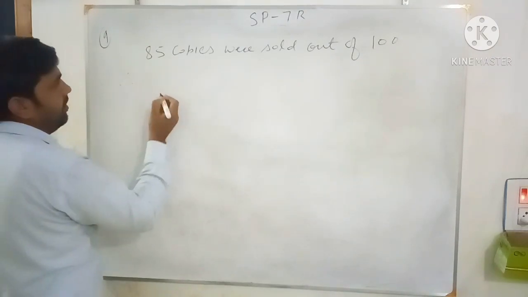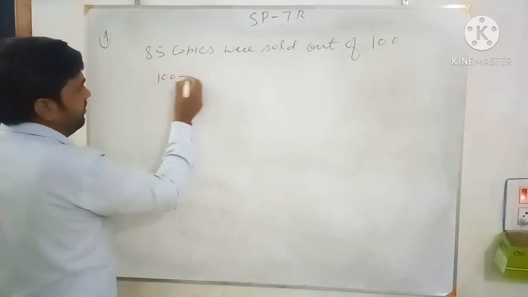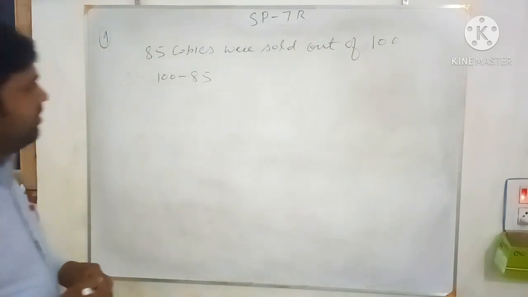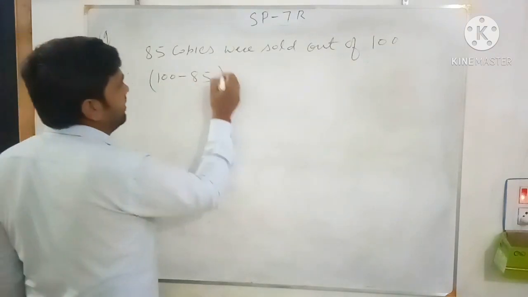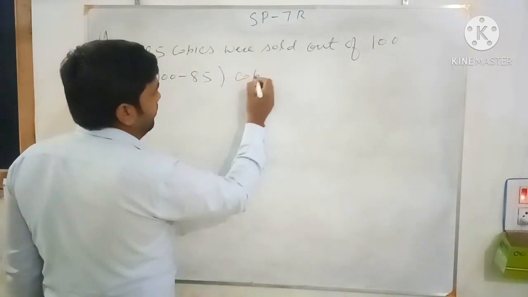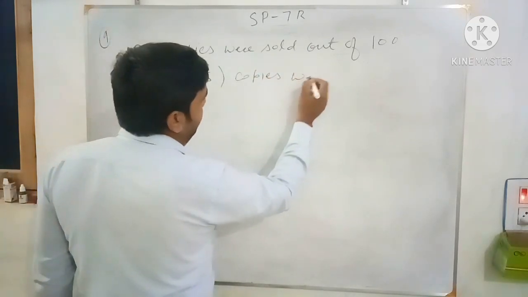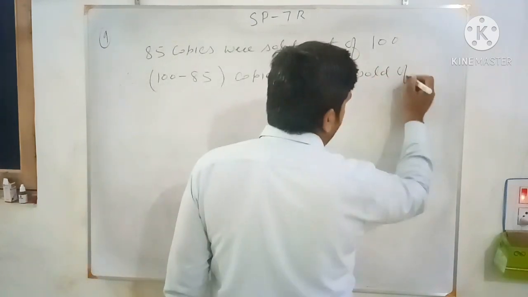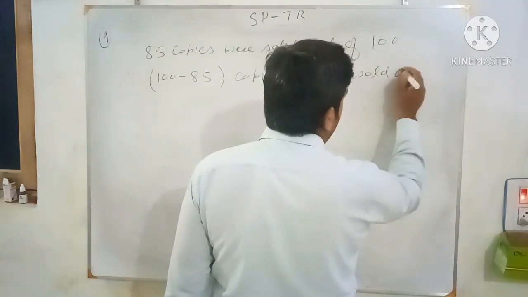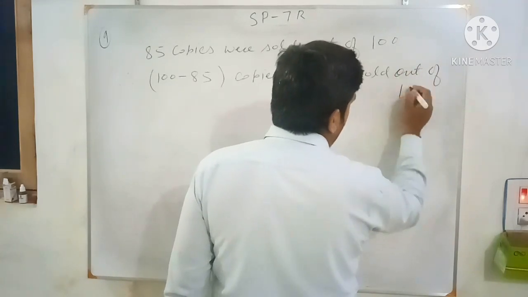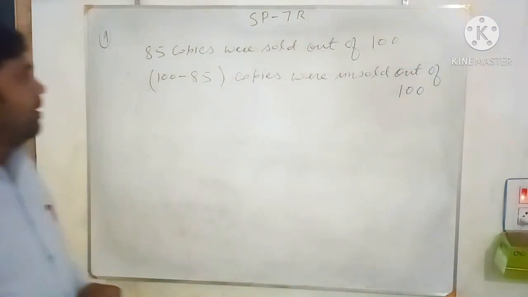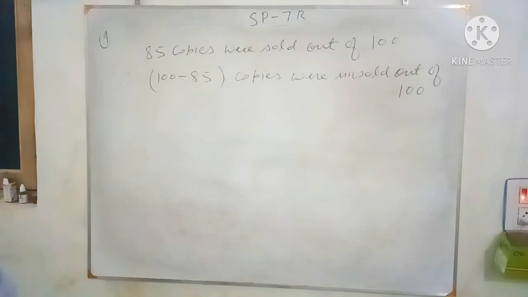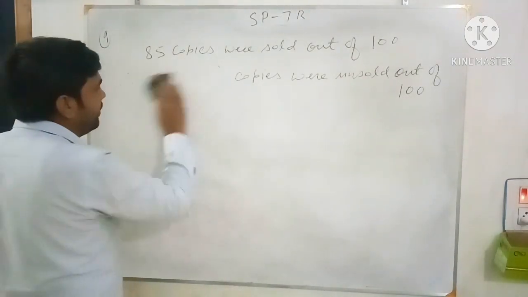Therefore 100 minus 85 copies were unsold out of 100 printed copies. So 100 minus 85 means what? That is 15 copies. So here we can write 15 copies.